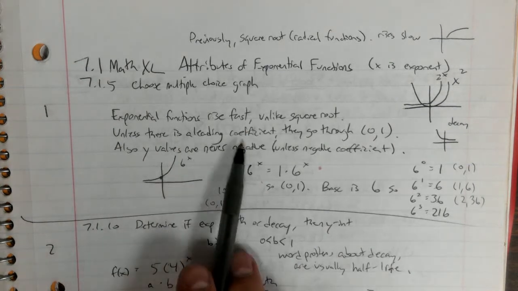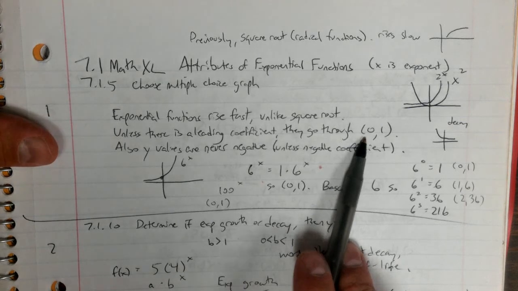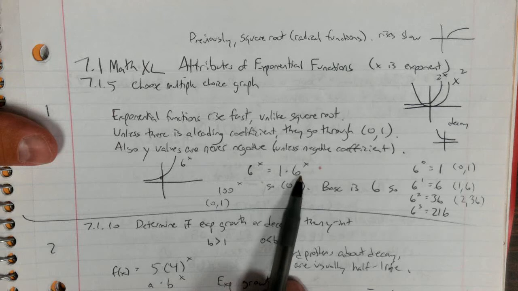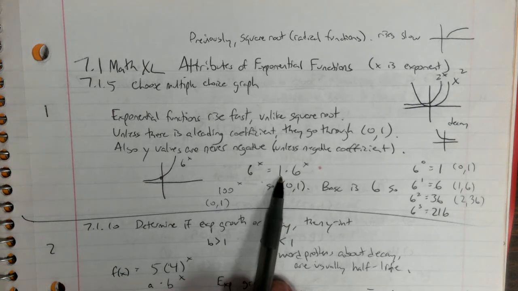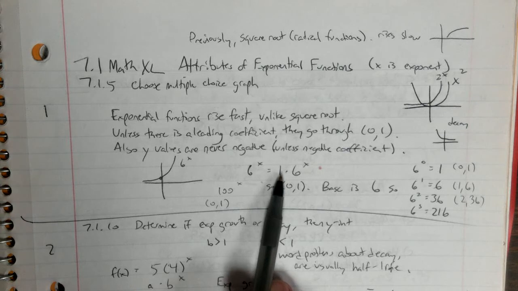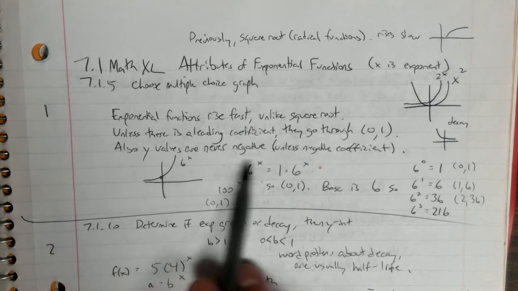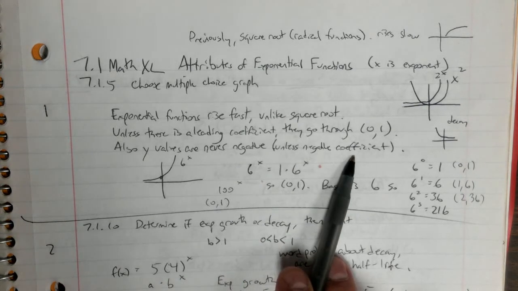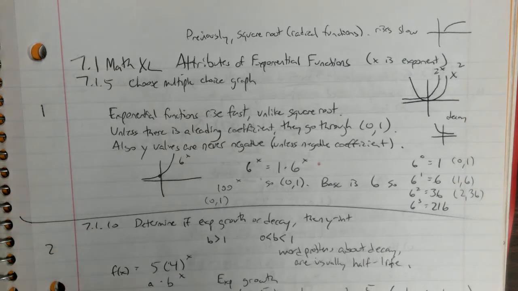Unless there's a leading coefficient, they go through 0, 1. So for example, if you have 6 to the x, then it's like 1 times 6 to the x, and so that'd be going through 0, 1, because it goes through this a value. Now, continuing with that, it says y values are never negative unless it's a negative coefficient. So that's why you can see it's above the x-axis for both.